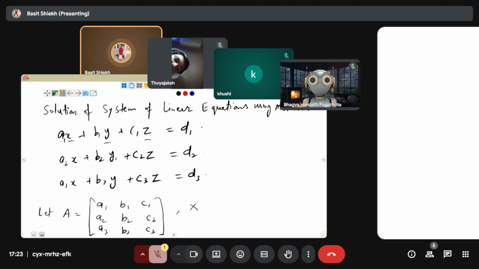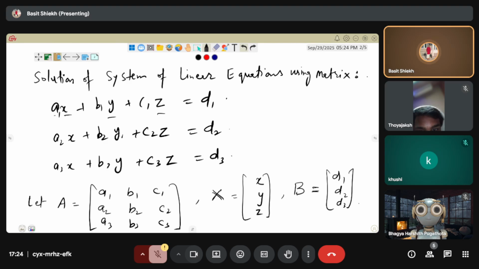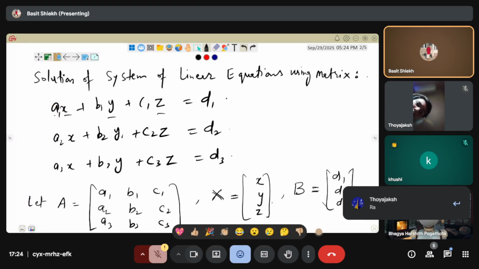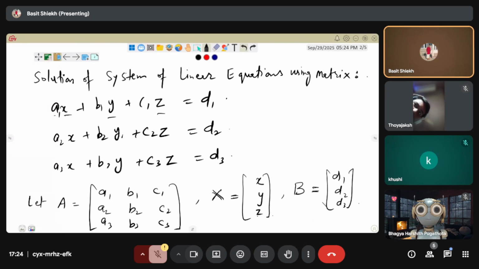We can write X as a matrix of variables, x, y, and z, and we can write the constant terms as a separate matrix B: d1, d2, d3. Here X and B are vectors. X is the vector of variables, B is the vector of constant terms, or we can say a matrix of order 3 cross 1. This is also a 3 cross 1 order matrix, 3 rows, 1 column.